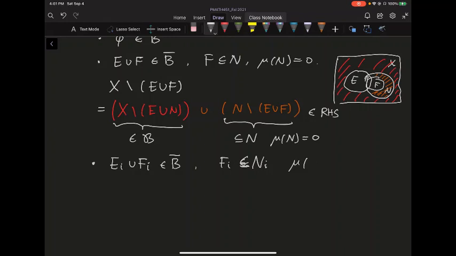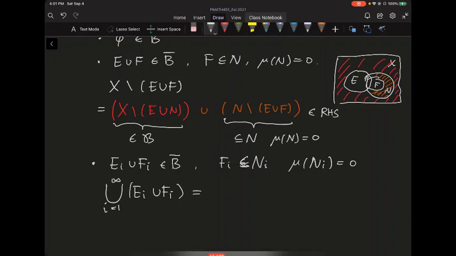It's going to be a null set. So now let's consider their countable union, i going from 1 to infinity of these E_i union F_i. I'm taking a union of a bunch of things.